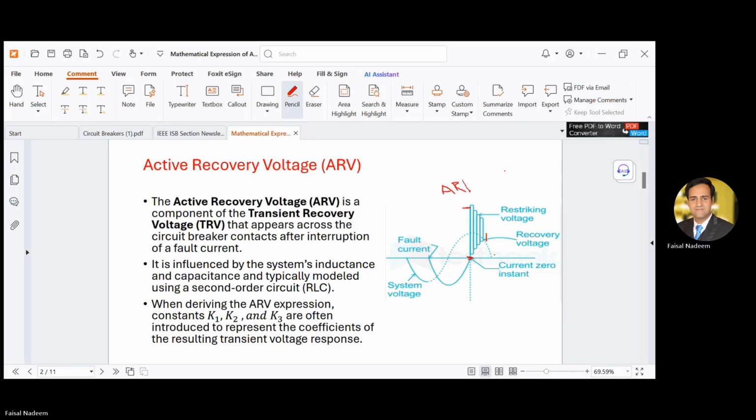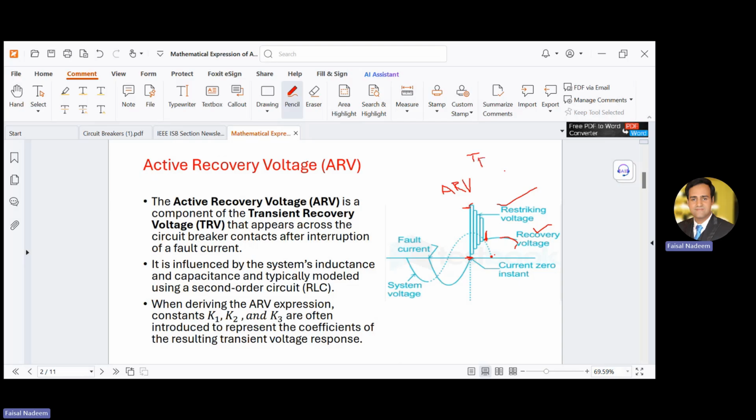From this point to this point, the voltage is known as restriking voltage. And from this point to this point, the voltage is known as recovery voltage. From here to here, the overall voltage is known as transient recovery voltage, TRV.